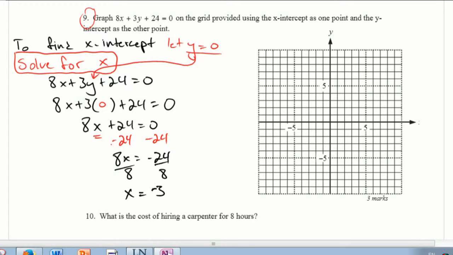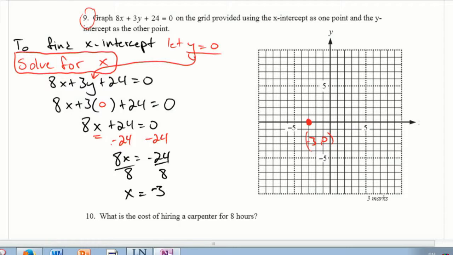So we get negative 3. All right, so that means my x-intercept is negative 3. So I'm going to plot that on my graph. 1, 2, 3. So negative 3, 0 is that point.